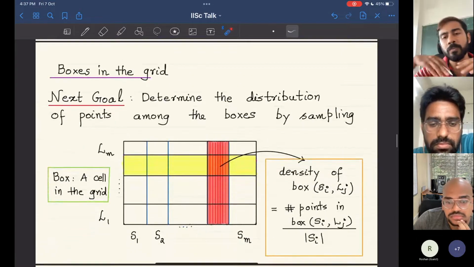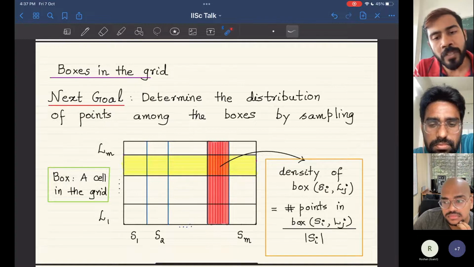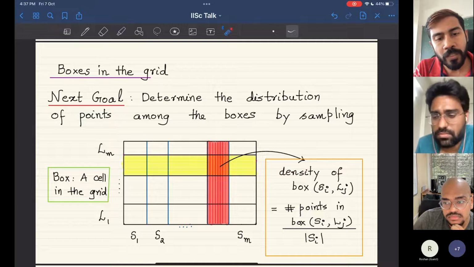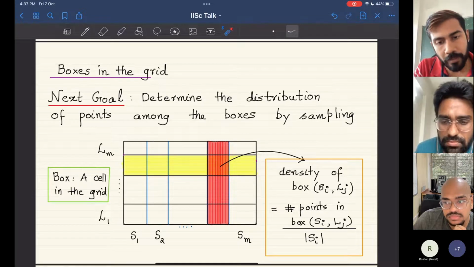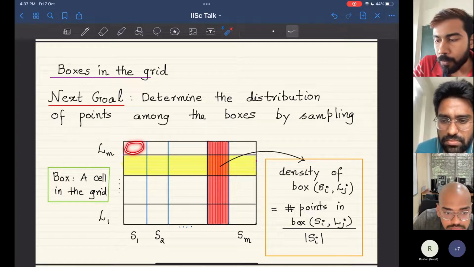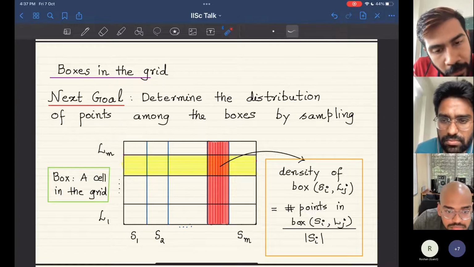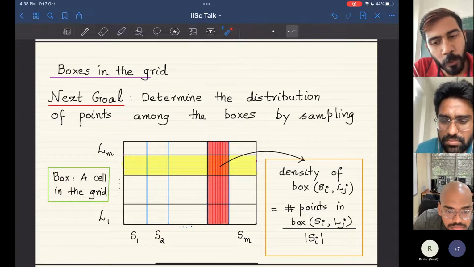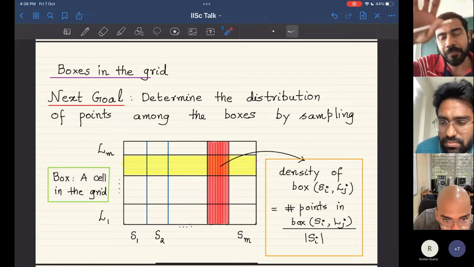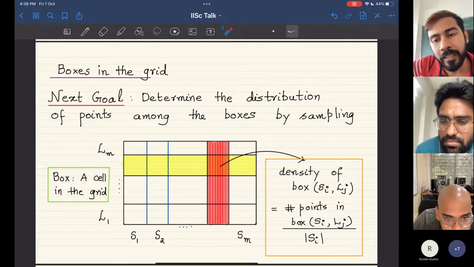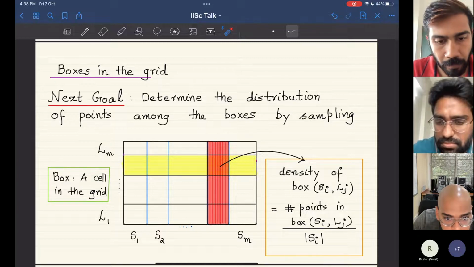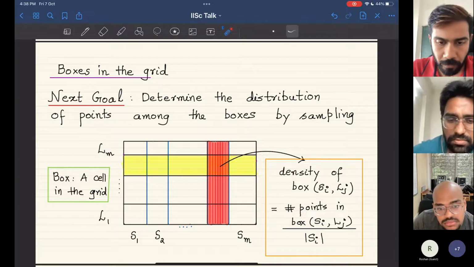Now, my next high level goal is to somehow approximate the distribution of points among boxes by further sampling. I want to understand which boxes contain a lot of points and which boxes do not contain a lot of points, so that I can maybe ignore those boxes, right? So I want to get a rough idea of how these points are distributed by sampling. This is my next goal.